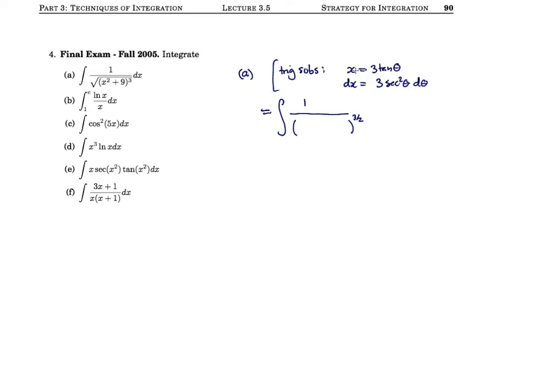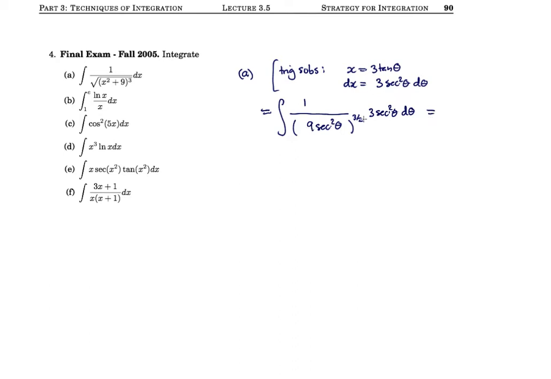So x squared plus 9 is 9 tan squared plus 9, or 9 times tan squared plus 1, or 9 secant squared theta. And that was to the power of 3 halves, and then our dx becomes 3 secant squared theta d theta.